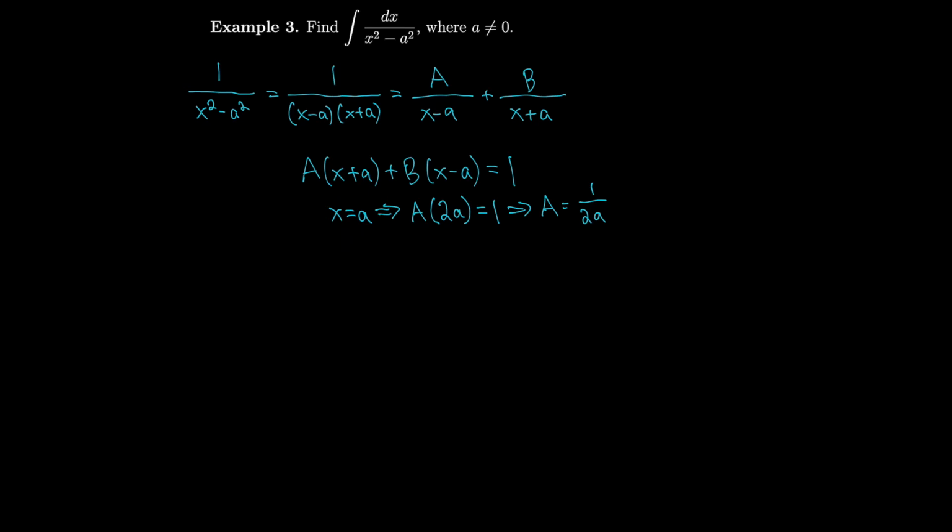So if a has the value 1 over 2a at x equals a, then a always has the value 1 over 2a. And similarly, if I plug in minus a, then that tells me pretty quickly that b times minus 2a equals 1, so b is equal to minus 1 over 2a.